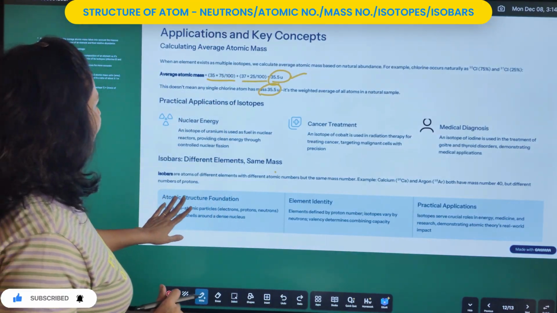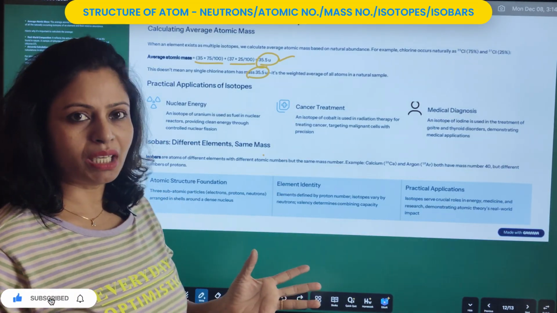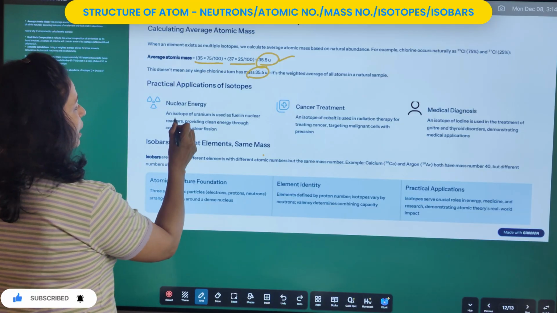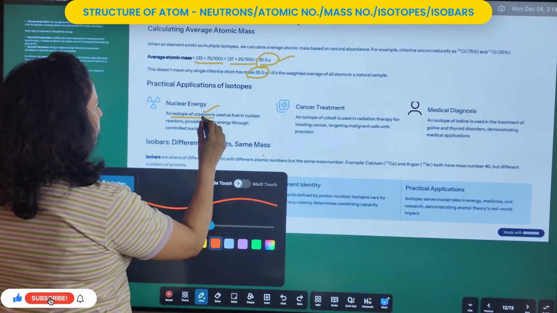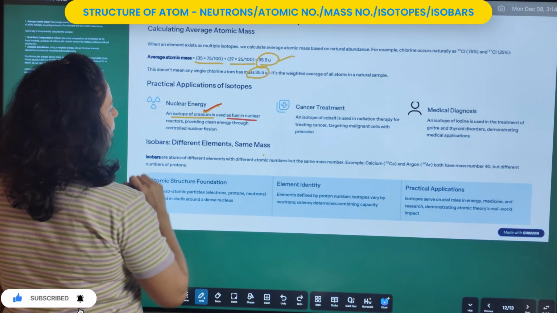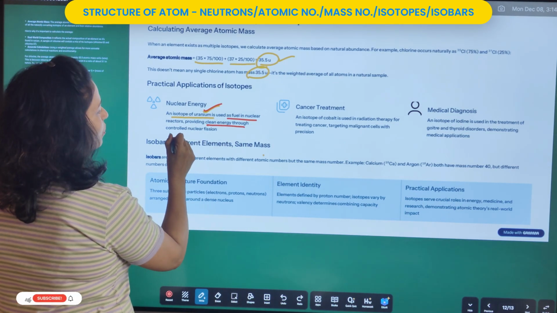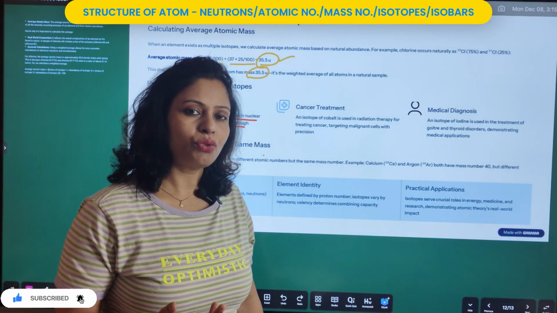Here they have given certain applications of isotopes. Isotopes have several applications, including in the medical field. In the nuclear energy concept, an isotope of uranium is used as a fuel in nuclear reactors, providing energy through controlled nuclear fission reaction, which is used to generate electricity.